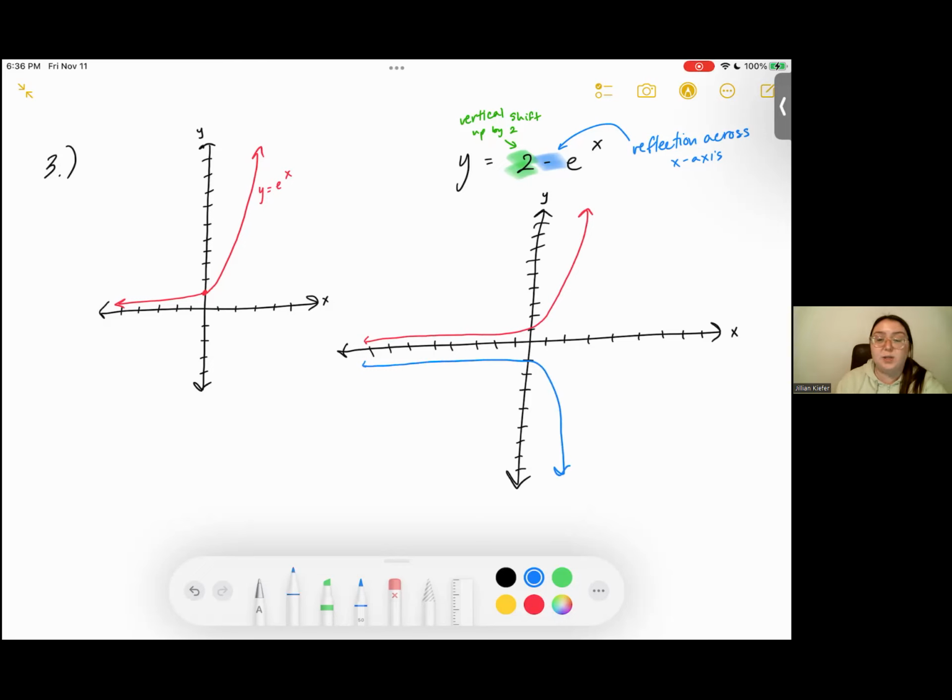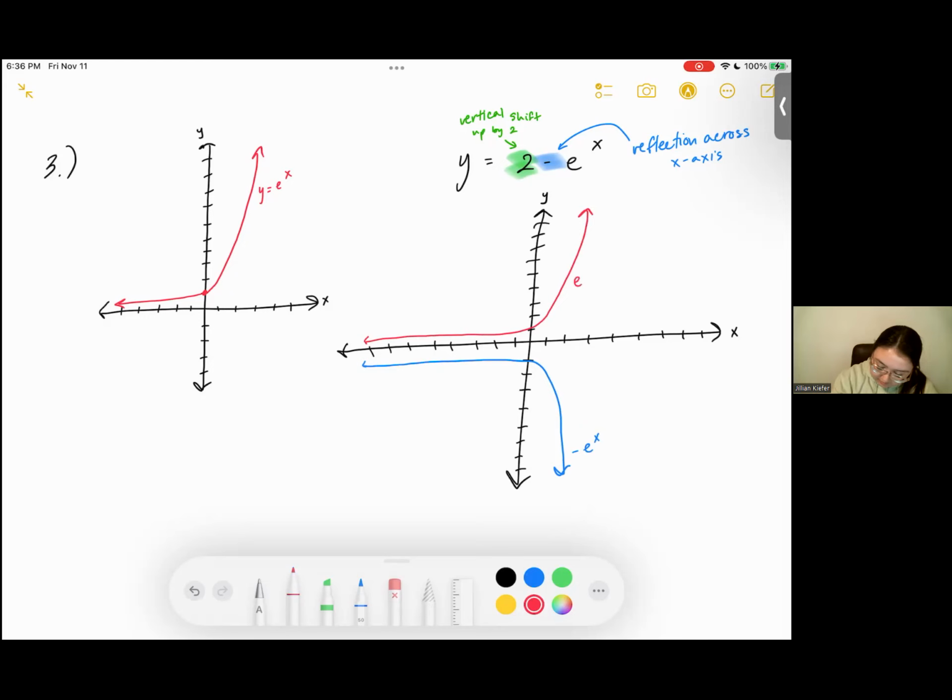Something like that. So that's a reflection. That's negative e to the power of x right there. Then we reflected it already.